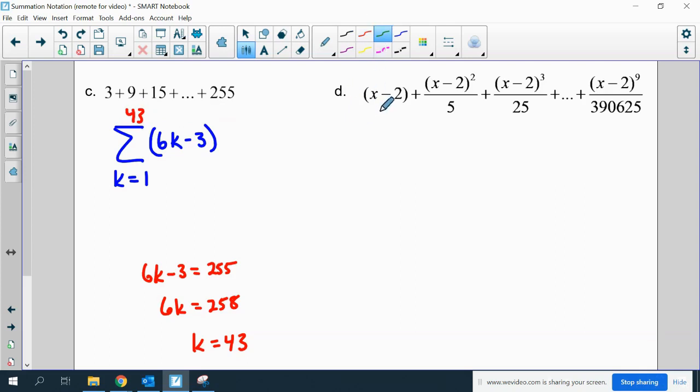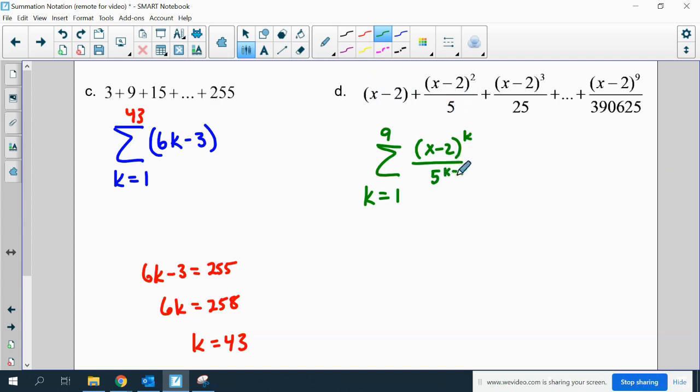Last problem. What I have is I want the sum from k equals 1 until 9, it looks like, of x minus 2 to the k over 5. And now what I have to notice is that my first term does not have a 5 in the denominator, and my second term does.